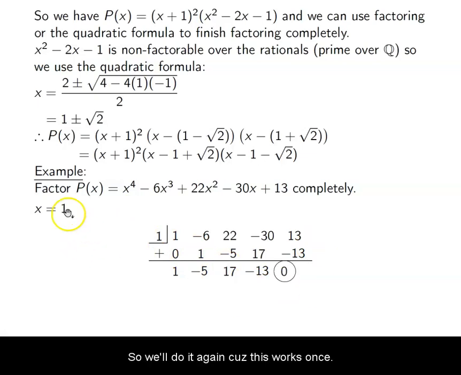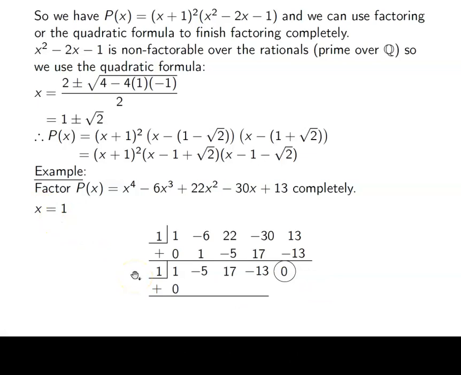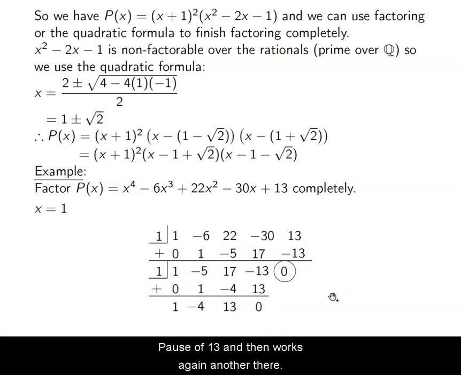So we'll do it again because this works once. So same thing, we'll get 1, and then 1, negative 4, negative 4, what's that, 13, positive 13, and it works again, another 0.